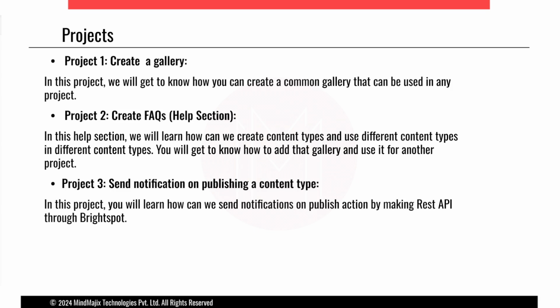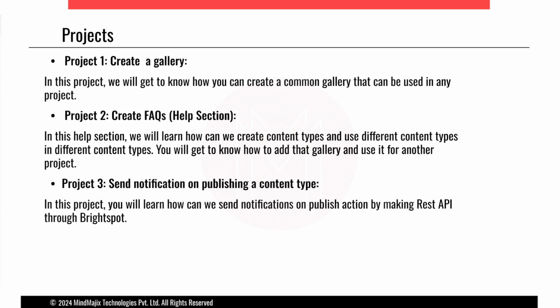And the third thing, we are sending a notification on publishing a content type. So this will be a major project of our Brightspot course. What will we be doing? We will be making a webhook. We will be creating a webhook on our Node.js application, and we will apply that webhook on our Brightspot application on the publish event.